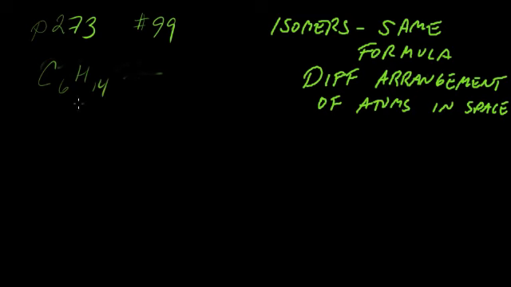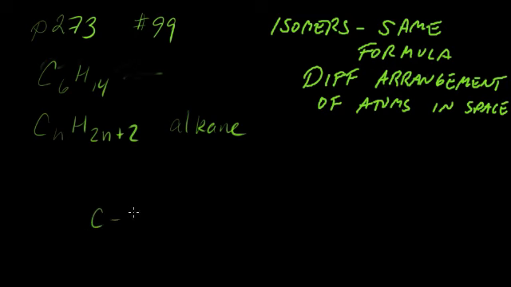All right, so C6H14, if we break this down, we see that this is CnH2n plus 2. This then has to be an alkane because that's the formula format for any alkane. We can prove this to ourselves.